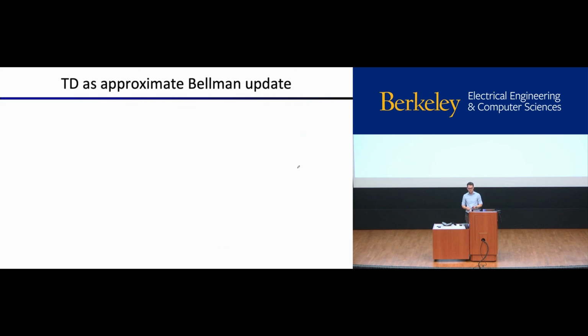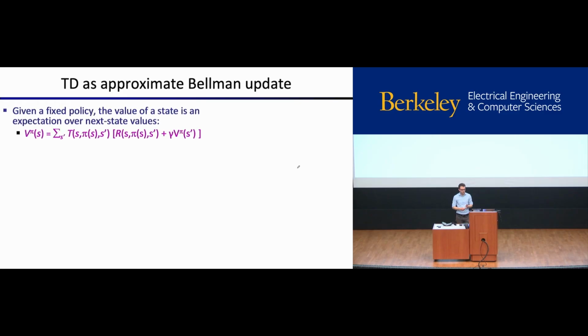Okay, so TD, temporal difference, is like an approximate Bellman update. If we have a fixed policy, this is like the Bellman update that we saw in the MDP slides. So we have some value function. We're going to estimate that as an expectation over this transition function of this return. This is like the reward for one immediate step plus the gamma discounted next state value. Remember this?